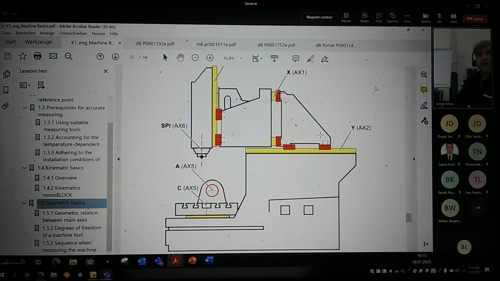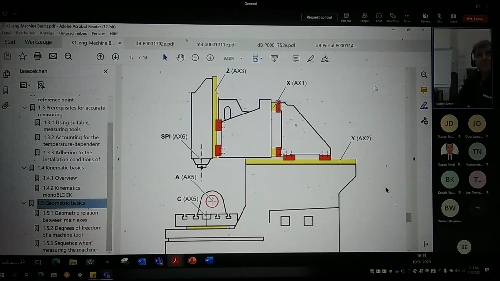And now we go a little bit deeper for the X-axis. We have 2 rail guides for the X-axis. On the dual block we have 3 rail guides and also 2 machine shoes. And we have a connection with the spindle milling head. There we have vertical rail guides here.